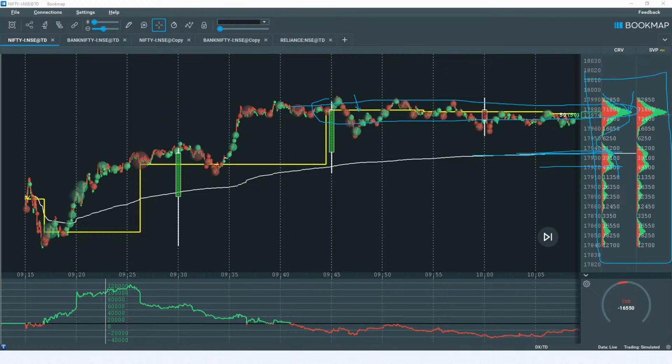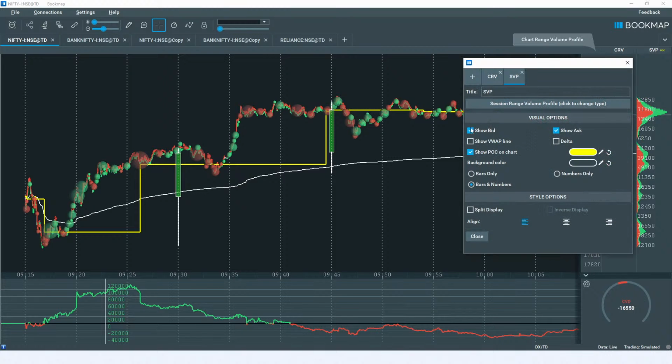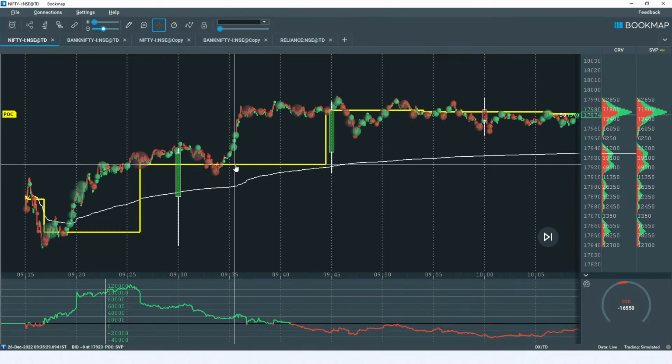All right. So when you go to the settings of the volume profile, the session-wise volume profile, right click on it, configure column, and then there is an option to enable point of control. Okay, you can change the appearance settings and everything based on the settings that are available over here. So you can simply disable and enable it here. Once you enable it, you will be able to see the point of control.